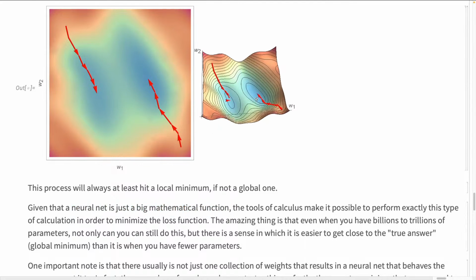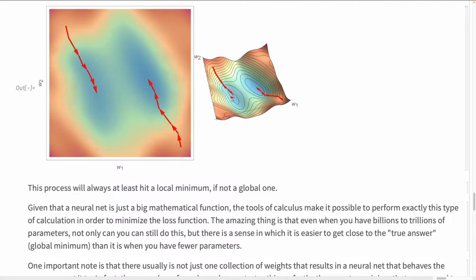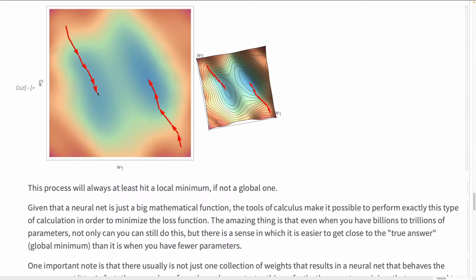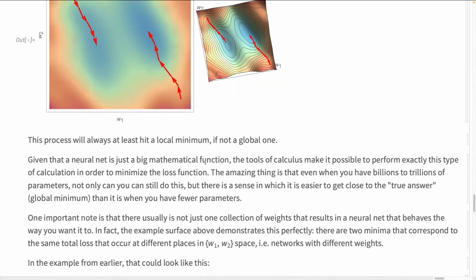You can see here, you can have a loss function where you could be here or here, and you have the same total loss, but you have different values of the two weights. So when you minimize the loss in your network, the weights are not going to some preordained truth. They're just following along, and eventually you end up at a place where they are hopefully minimized, and they are locally minimized.